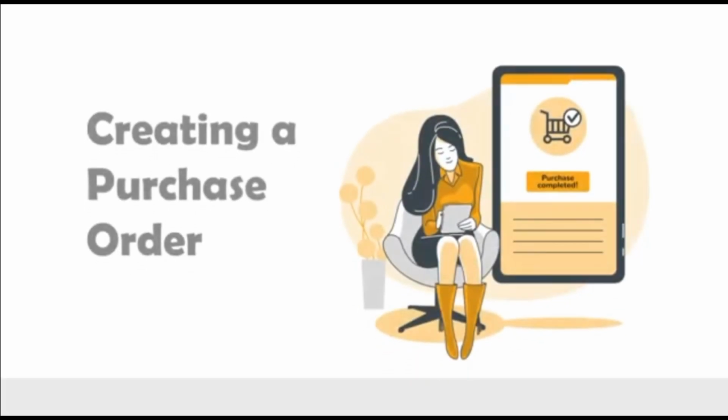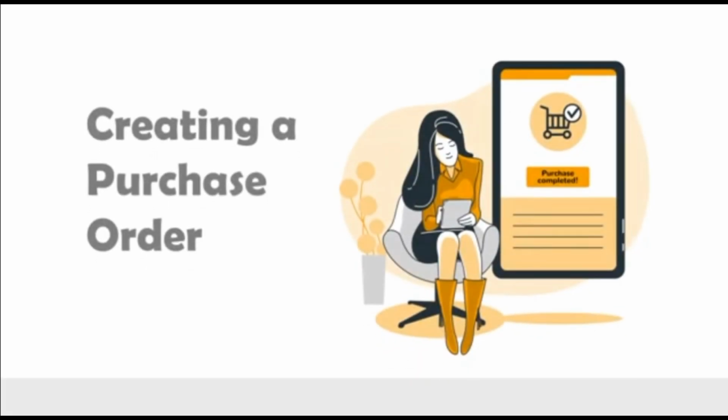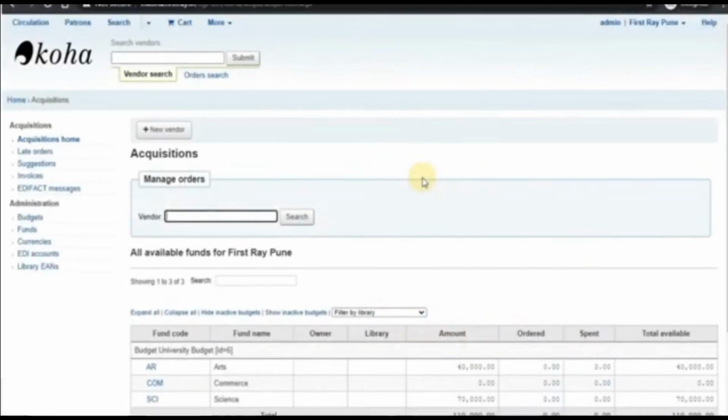Now our next step is to create a purchase order. To start, we have to search the vendor to whom we want to send a purchase order. In the acquisition module, you can observe that we can search a particular vendor here in the vendor search box.